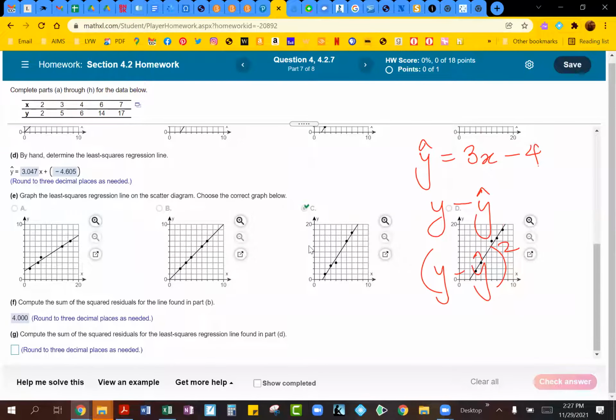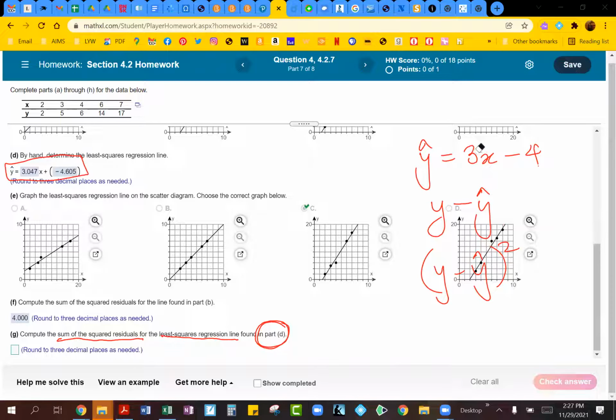Now you're repeating the same exact process, but using the equation from part D. They're still asking you to find the sum of the squared residuals based on your least squares regression line, which is going to be this equation now.